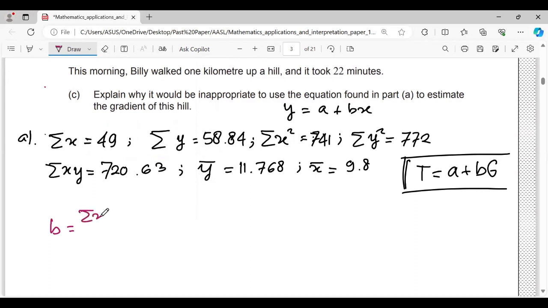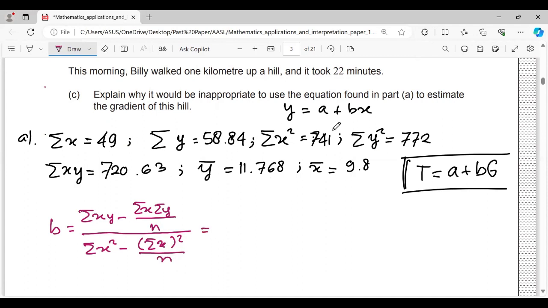Sigma xy minus sigma x times sigma y over n, where n equals 5, over sigma x squared minus sigma x squared over n.